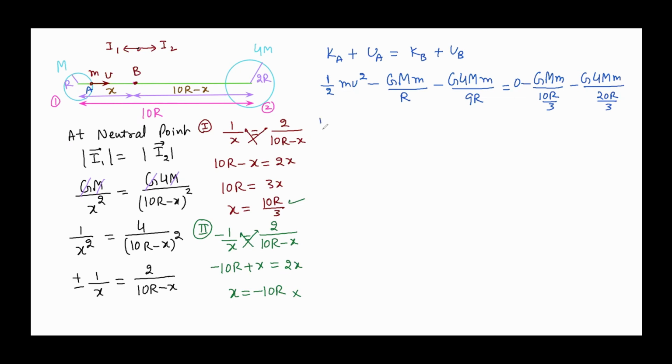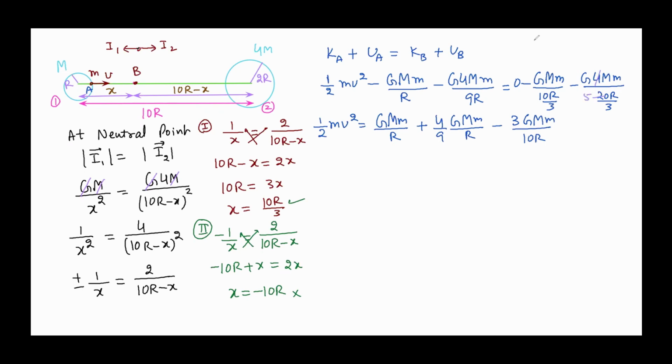If I solve it, half m v square, you take it on the right-hand side, GMm by r. You take it on the right-hand side, it will become plus 4 by 9 GMm by r, and you take a 3 in the numerator, minus 3 GMm upon 10r, and here it will get cancelled.